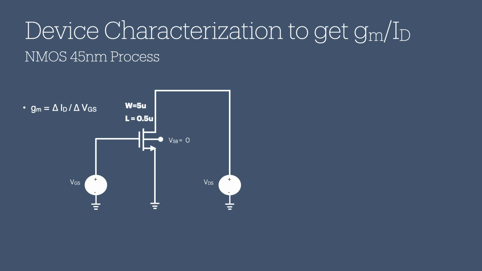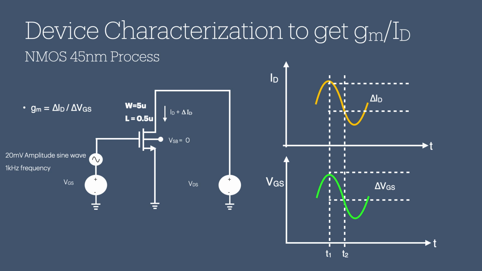By definition, the transconductance gm is the change of ID with respect to the change in VGS, or gm is equal to delta ID over delta VGS. To get the gm, we perturb the gate voltage with a small amplitude sine wave. We select a reasonable amplitude to be 20 millivolts here, and its frequency to be 1 kilohertz.